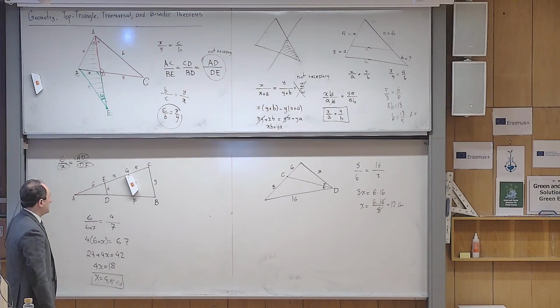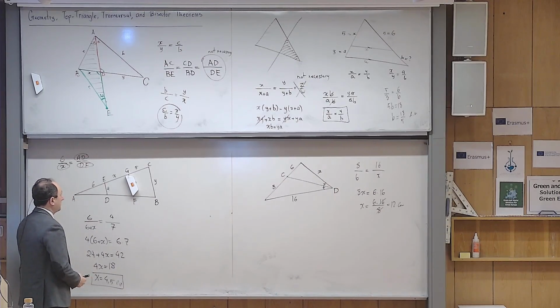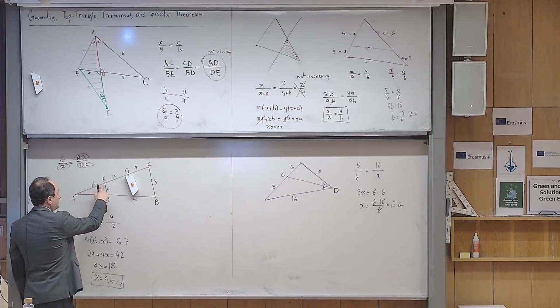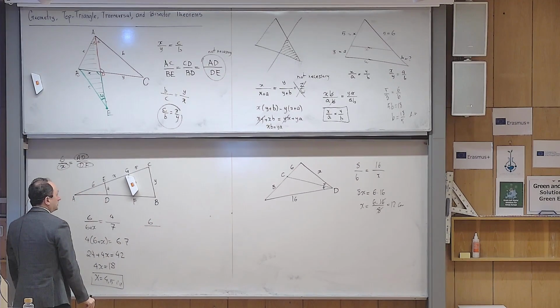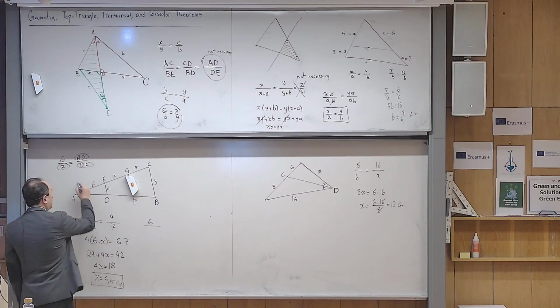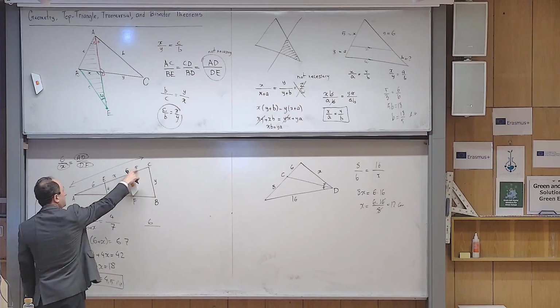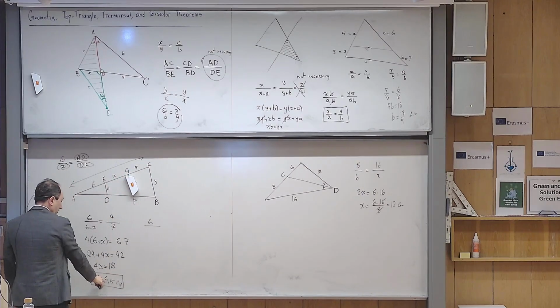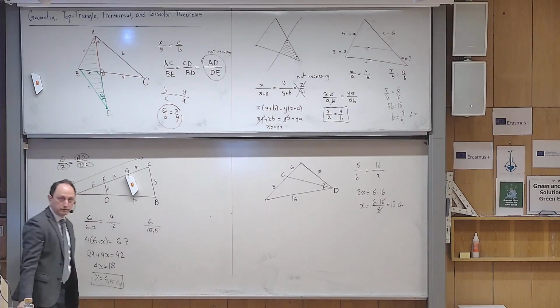And then what happens? What should I write now? Can you tell me? I should write from here to here 6, but over? 15, the whole length. Yes. 6 plus 5, 11 plus that, which I already found, 15 comma 5. Yes?